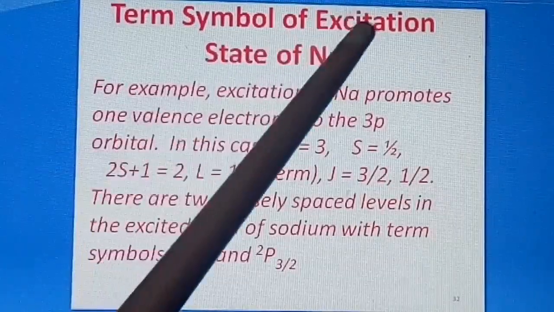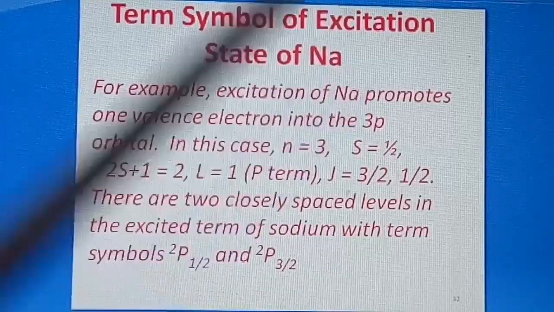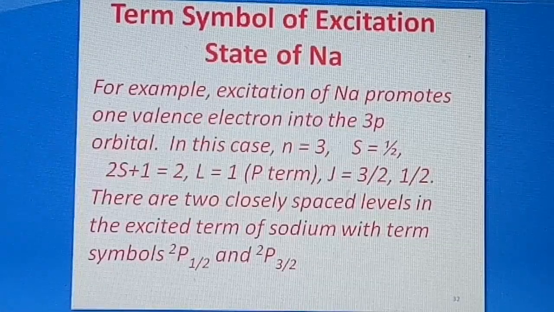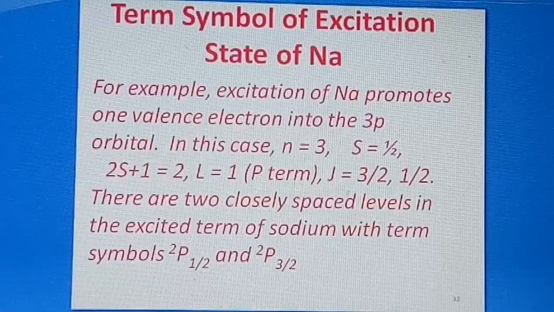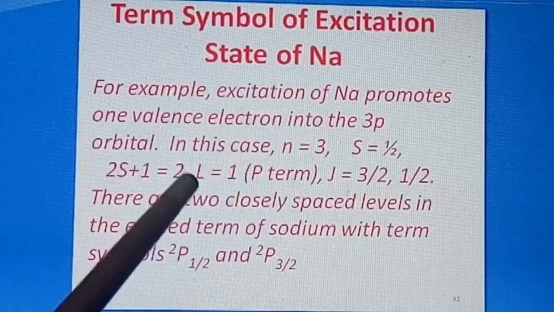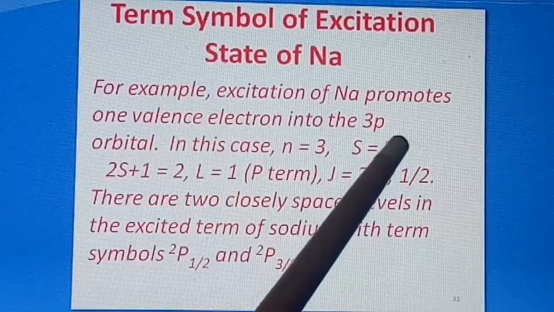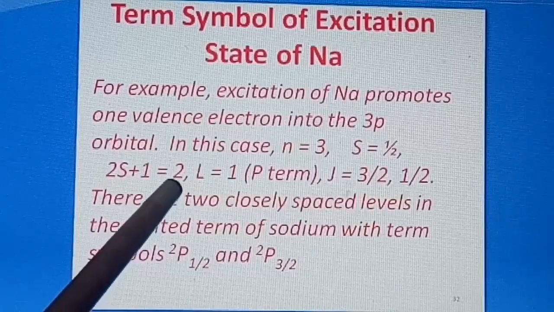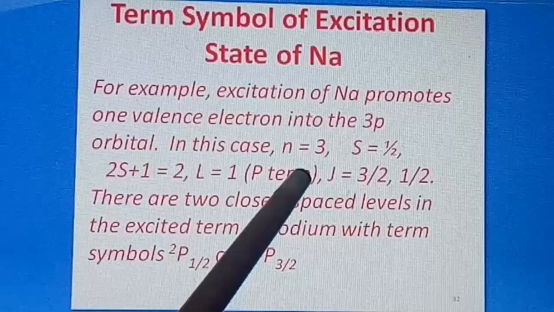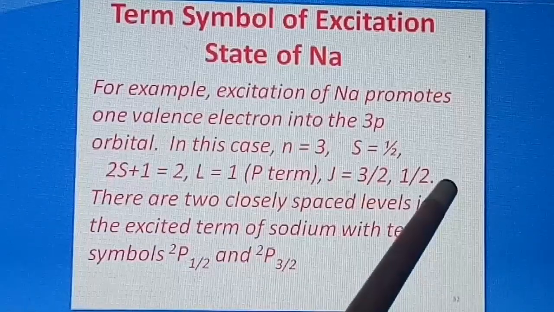Now the term symbol of excited state of sodium. Here, for example, we will take the sodium atom. The electronic configuration is 3s1. If this s1 electron is promoted to 3p, then n will be 3, s spin will be half, so spin multiplicity will be 2, and L will be 1, so a P term will be there, and the J values will be 3 by 2 and 1 by 2.